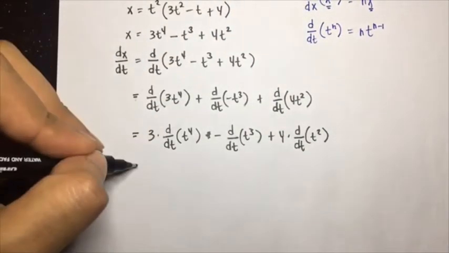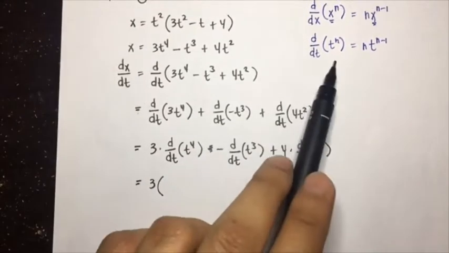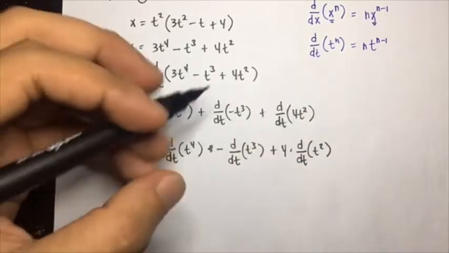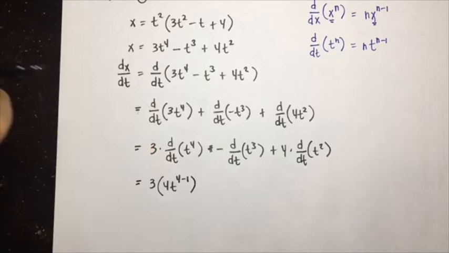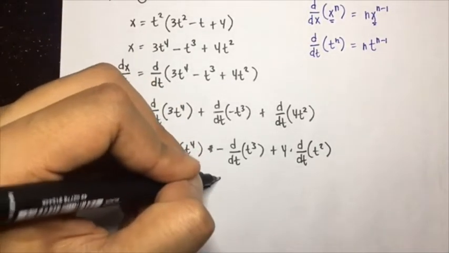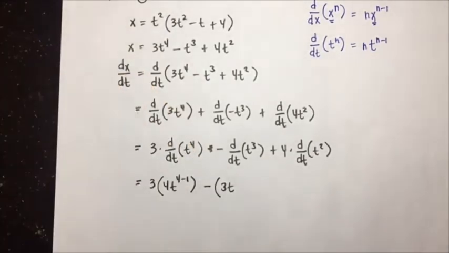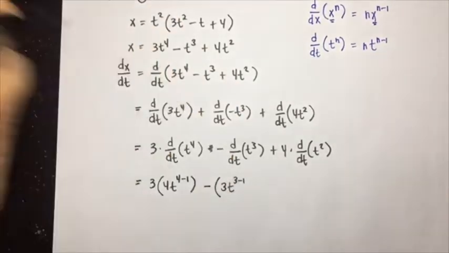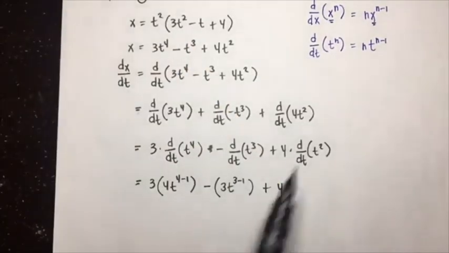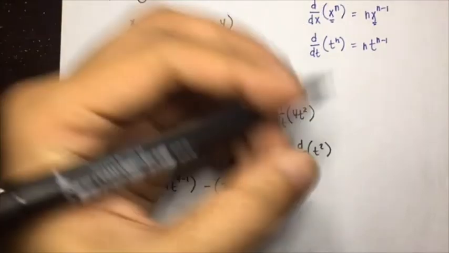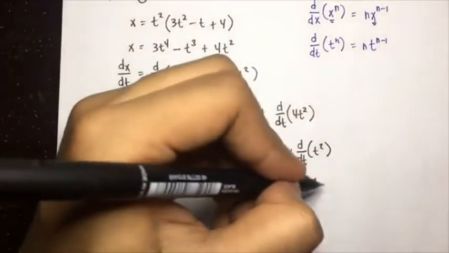So this will become 3 multiplied by the derivative of t to the power of 4, and using this formula, n is 4, so 4t raised to 4 minus 1, minus the derivative of t cubed, which is 3t raised to 3 minus 1, plus 4 times the derivative of t squared with respect to t, which is 2t raised to 2 minus 1.